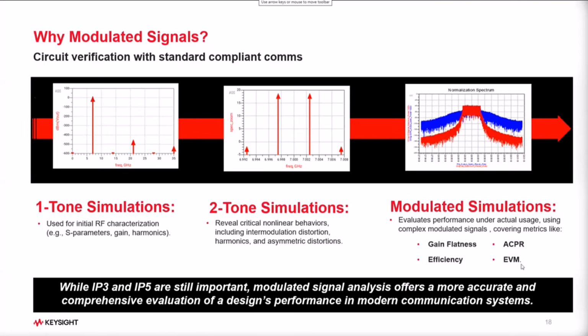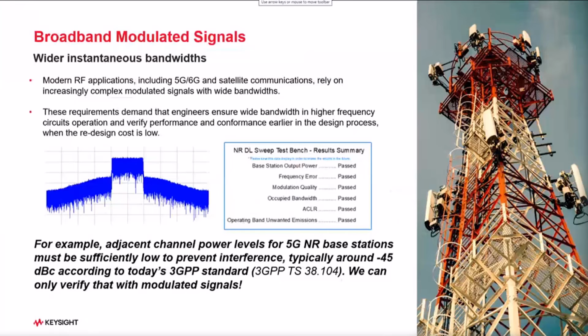And then you have error vector magnitude, because now you have digital standards. If you look at wider instantaneous bandwidth signals, the way technology is moving, you have very complex modulated signals and a very wide bandwidth, not to mention higher density modulation. In the past, we were happy with QPSK.